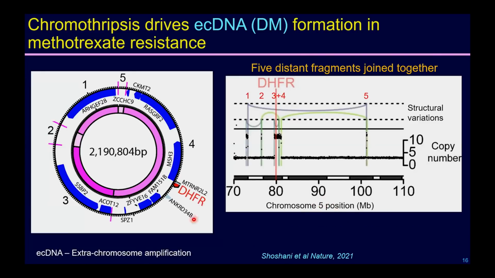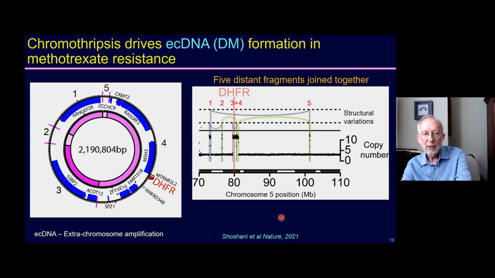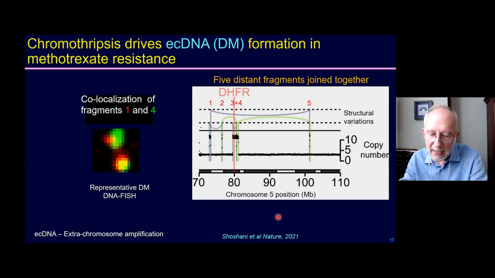And at the whole genome sequence level, yes, indeed, they were chromothriptically reassembled in the wrong order to produce a 2 megabase 5-piece ecDNA with all 5 pieces coming from chromosome 5, but not all the adjacent pieces, and of course containing the DHFR gene.